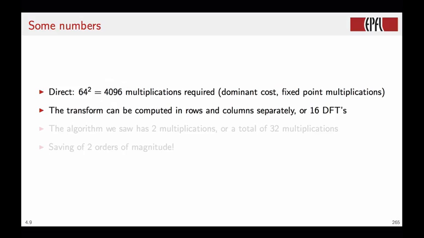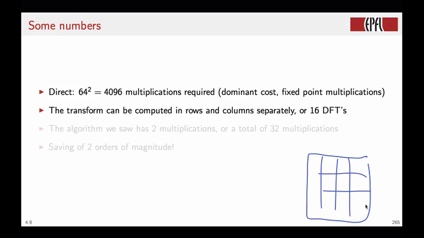Now, there is a first trick, that this transform is a so-called separable transform. So you can take your 8 by 8 block. Let me try to make an approximation of an 8 by 8 block. Sorry, it takes me longer than it should, but that's an 8 by 8 block. It turns out with this DCT transform, you can take a transform over each line, that's 8 transforms, and transforms over 8 columns, that's another 8 transforms.